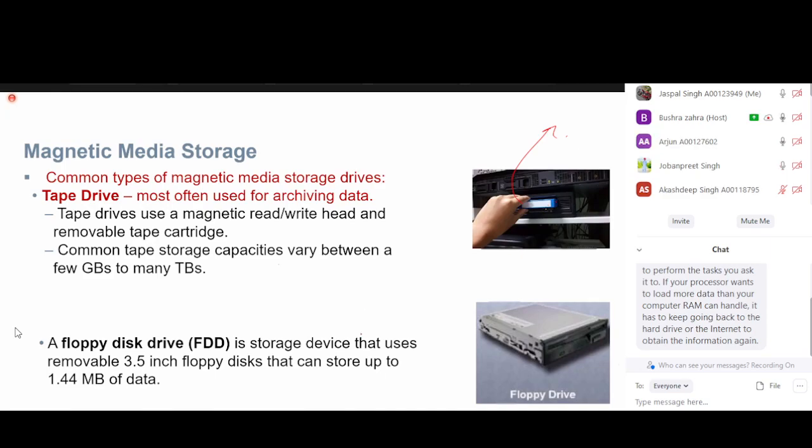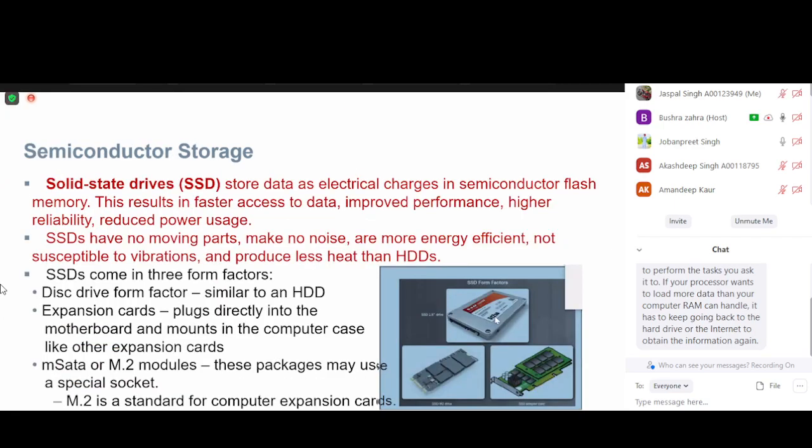Ma'am, it has too little storage, it's 1.44 megabytes. It's very small. It's almost obsolete nowadays, right? You rarely find it; you may find it in 10 or 15 year old desktop or laptop computers.